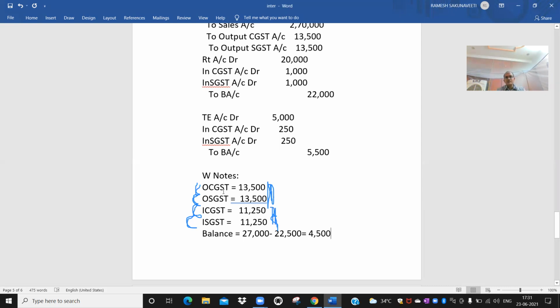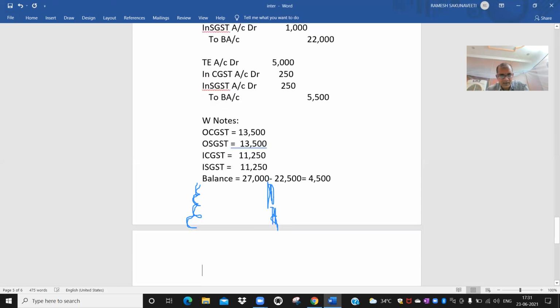The difference, to which account will you transfer it? You will transfer it to the electronic cash ledger account. In the previous class, I mentioned it, no?